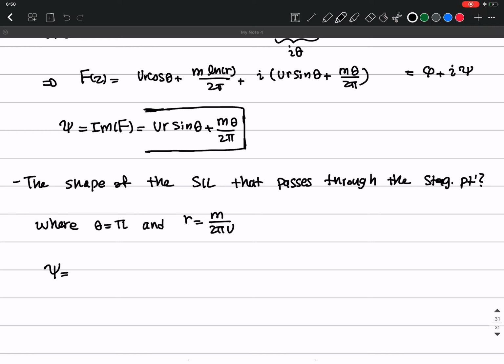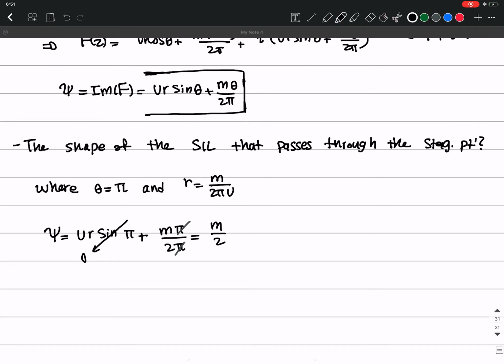We just put these numbers here. So I'm going to get u r sine pi, plus m times pi over 2 pi. And sine of pi is 0, so this is going to be 0, and I'm just going to get m over 2.